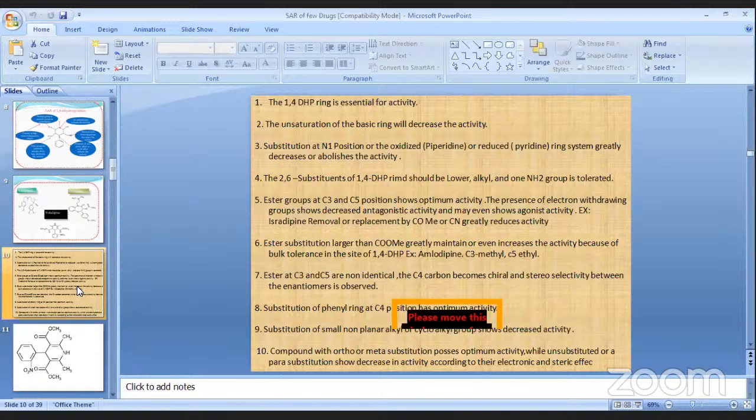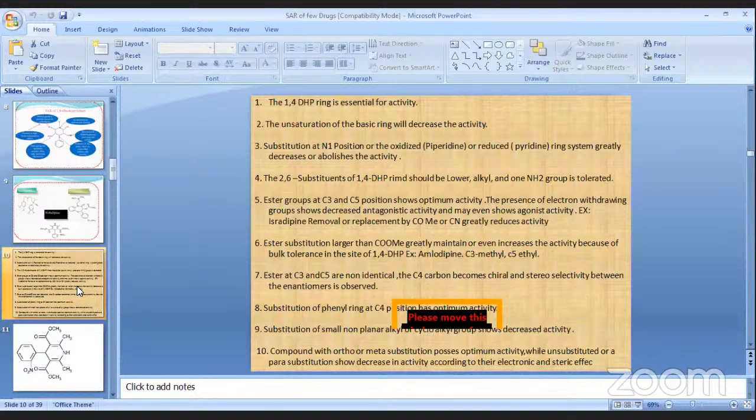Now I am telling you that if you oxidize any one position, or replace some of the groups, that is, if you oxidize the dihydropyridine to pyridine, or you can reduce the pyridine, then the total activity will be reduced.